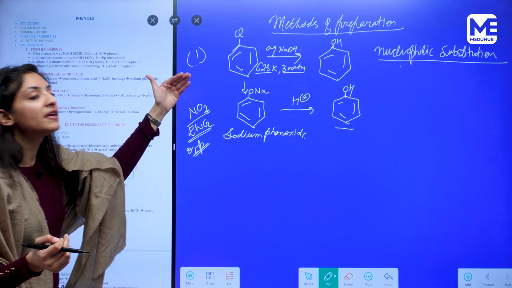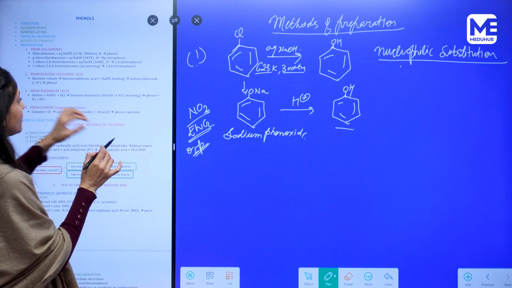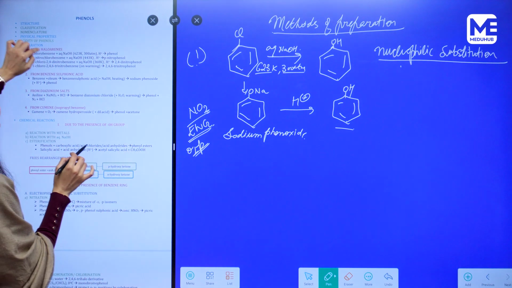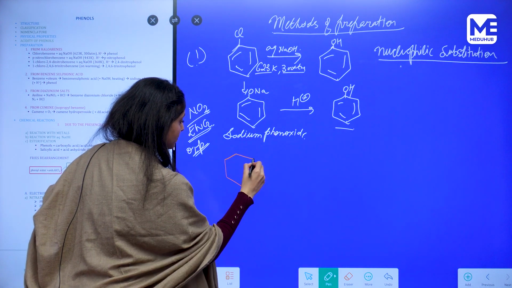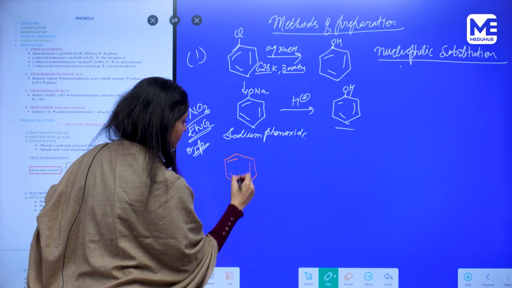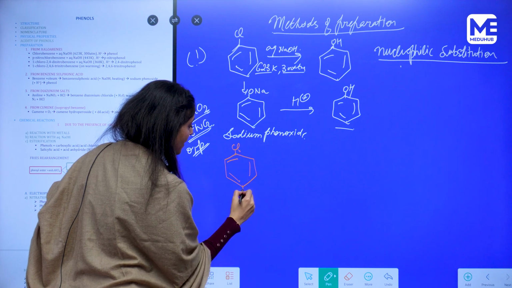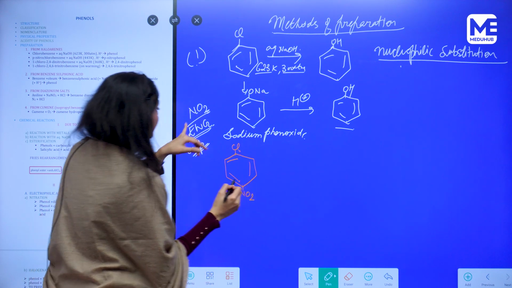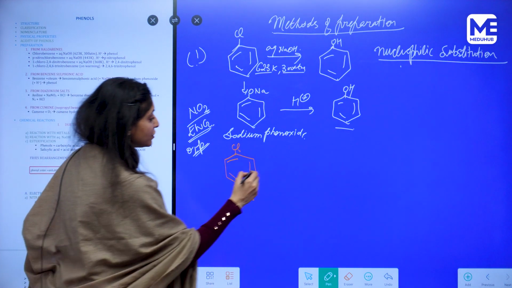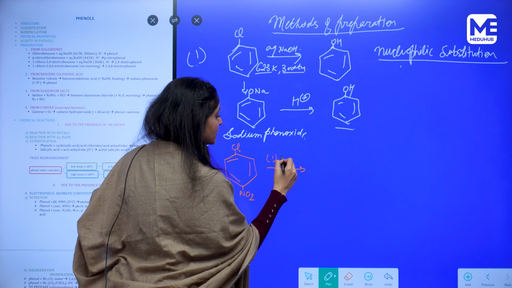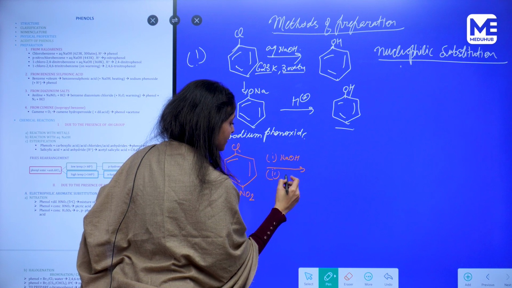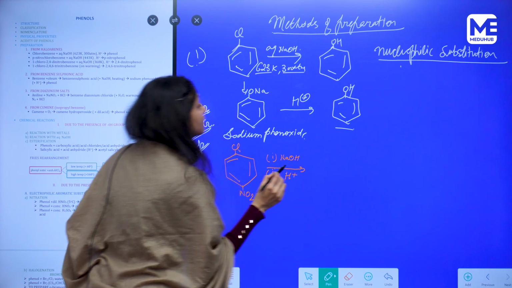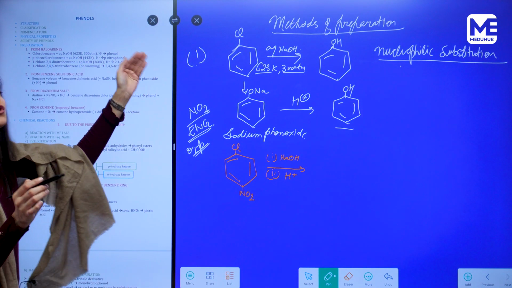So I'm just doing the examples again. So if we talk about para-nitrochlorobenzene, the electron withdrawing group is at the para position. If it reacts with NaOH and upon acidification, the conditions required are much milder.